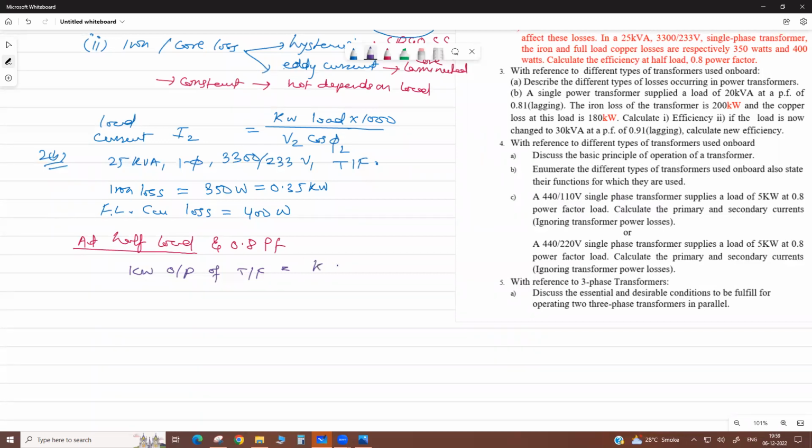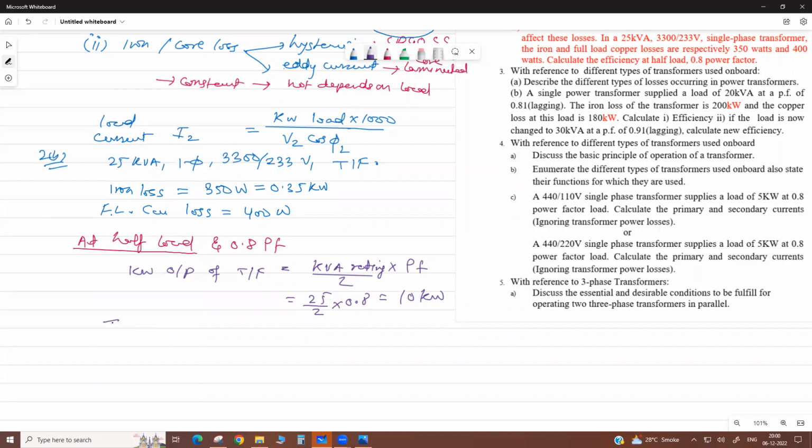So your KVA rating into power factor, half of this rating at half load. My dear, 25 divided by 2 into 0.8. Rating is the output, okay? At half load it is half the KVA rating, means 12.5 into 0.8. It is 10 kilowatt, my dear, at half load.